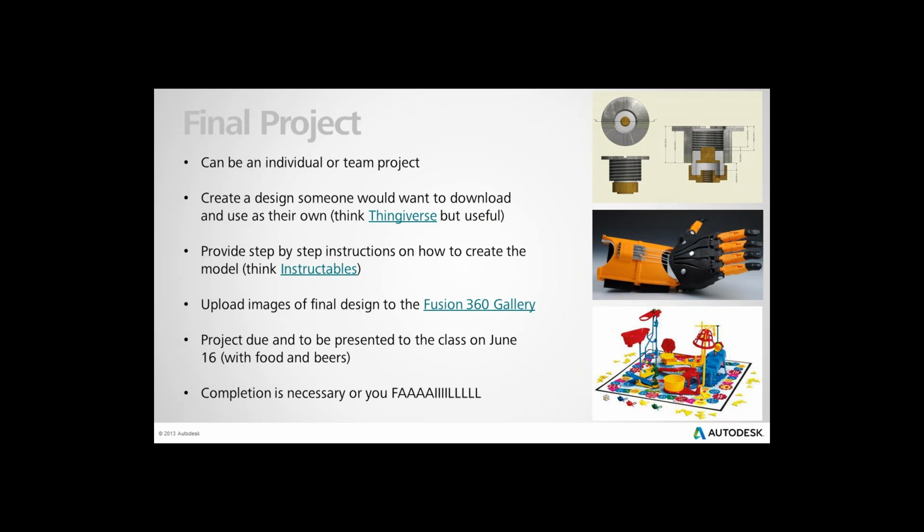I think useful as in somebody would want to download that file to help with their project or change in the future. For example, right now Fusion has access to McMaster. You can press a button, you get to the McMaster, you can choose any item in the catalog, download it, and it appears in the Fusion. But it appears in the Fusion as just a solid object. There are no parameters.